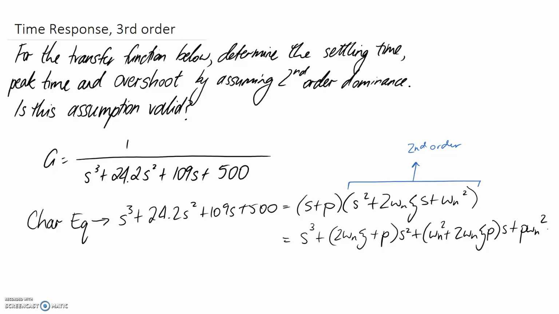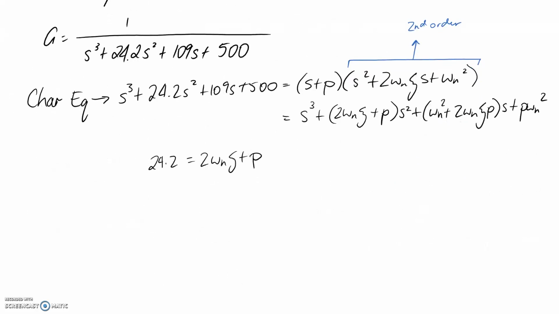So what we can do is go through and equate the constants in front of each s power. So we've got 1 in front of this one is equal to 1 in front of here. So the 24.2 has to equal what's in here. Okay. Next we have that 109, the s part, has to equal this s part.